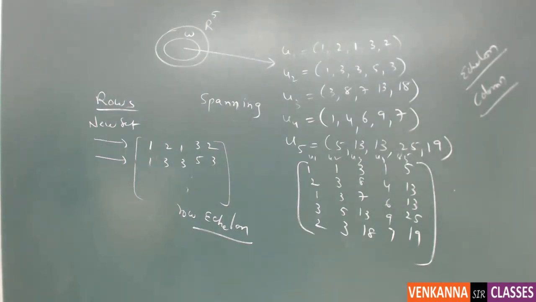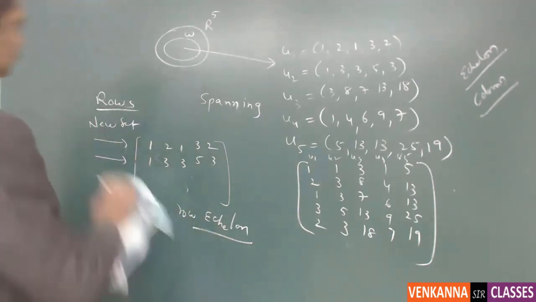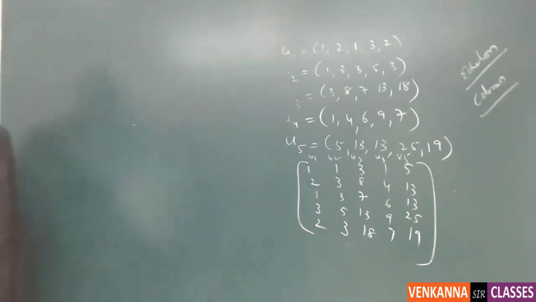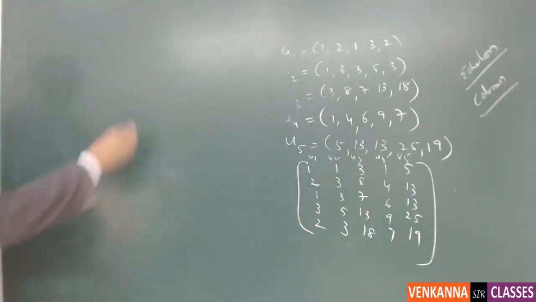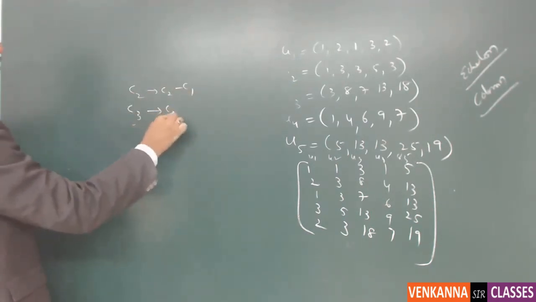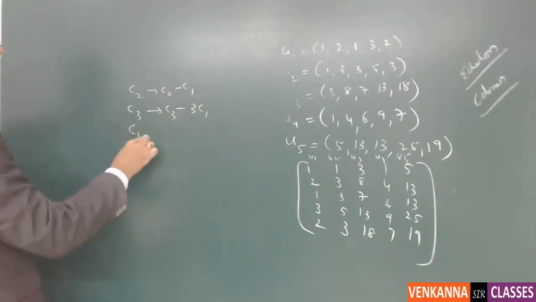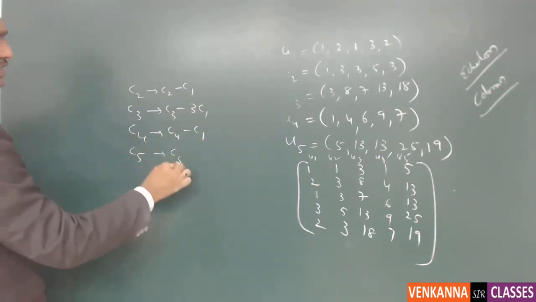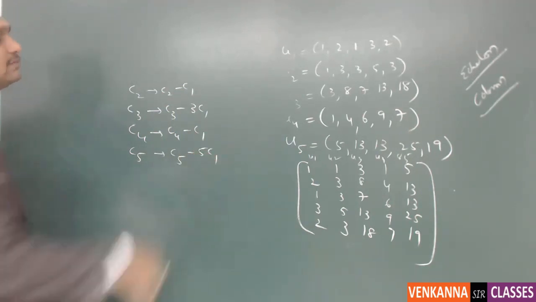Now let us apply the column operations, which you can do as usual. So C2 tends to C2 minus C1, C3 tends to C3 minus 3C1, C4 tends to C4 minus C1, C5 tends to C5 minus 5C1.